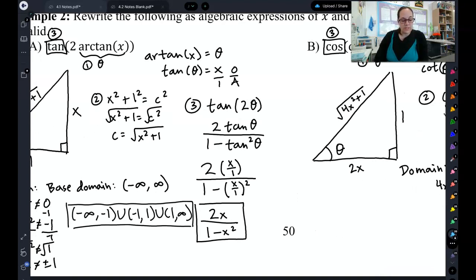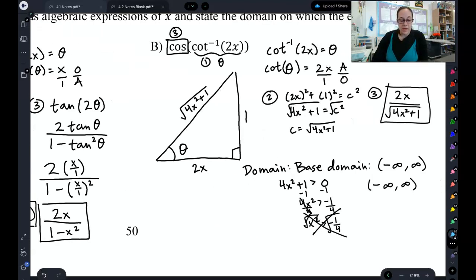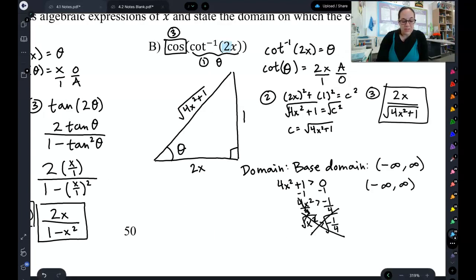With our first example, the 2 was in front of the arctan, so we had to use a double angle. Here, the 2 was inside, so it changed what we put into our triangle. However, when the 2 is on the very most inside, that's also going to affect your domain.